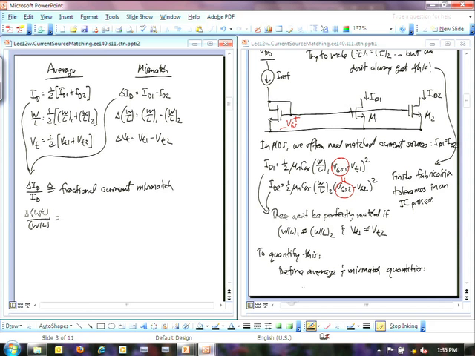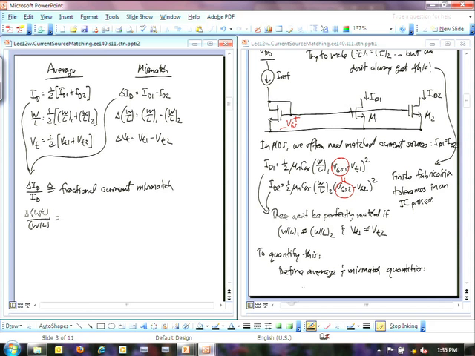So here's my equation. ID1, I just said, was equal to ID plus delta ID over 2. But I know that ID1 is given by 1/2 mu n Cox times W over L of 1, which I can express as W over L plus delta W over L over 2, times VGS minus VT.